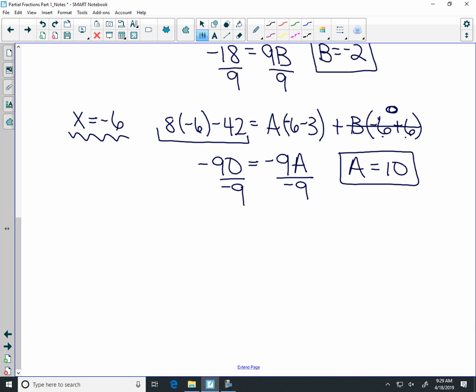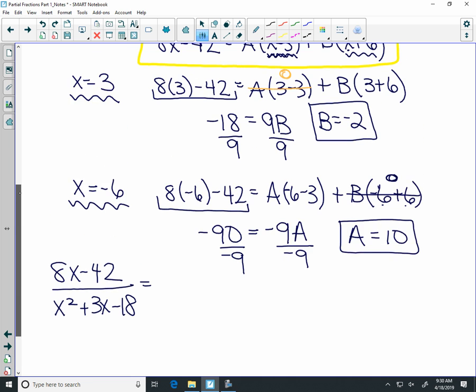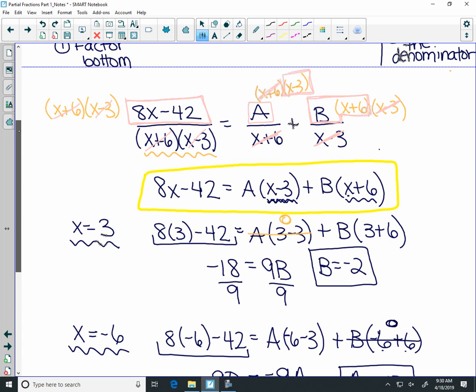So here's what we just did. We started with that complicated fraction that looks like this, 8x minus 42. And we decomposed it. We broke it down into the two fractions that are equal to it. In our number, and here's where this matters, A has to go over x plus 6.